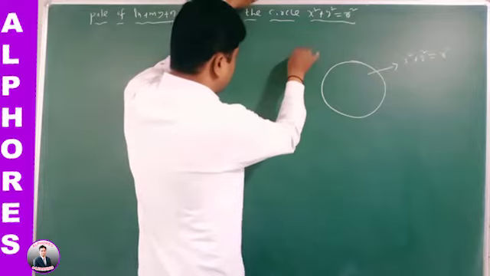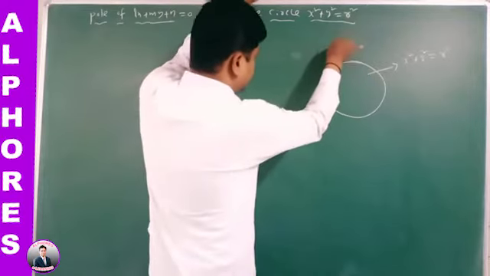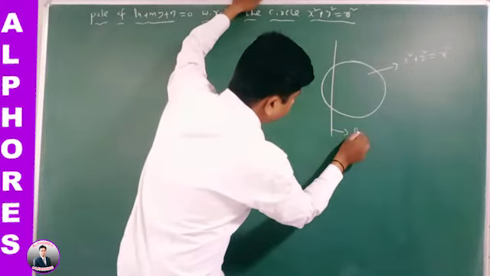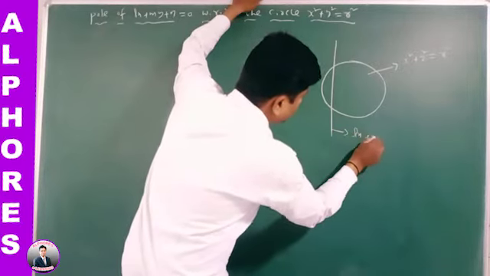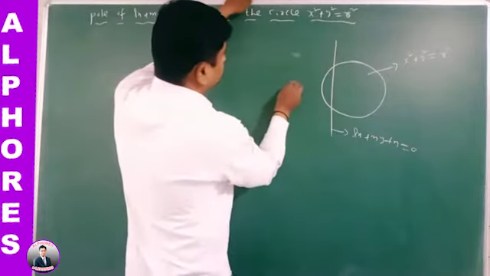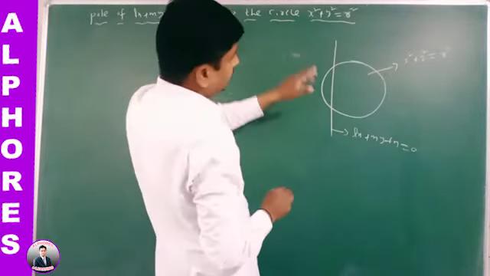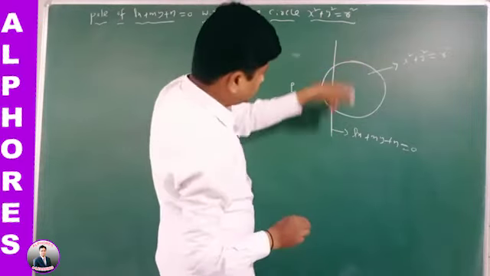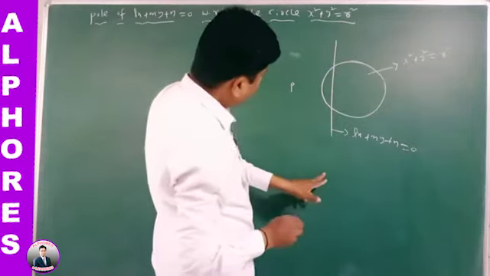This is the line Lx plus My plus n equal to 0. In this diagram, this is the circle equation, this is the polar equation, and now it is the pole.